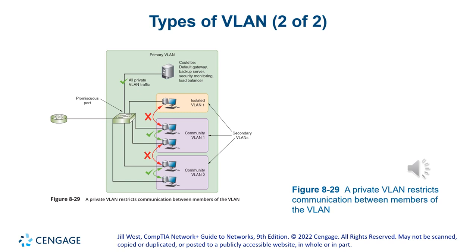And then the isolated VLAN 1 is also a VLAN that you have, but it's completely isolated. I don't know why the example put it in there, but it has no purpose there because you have a computer connected to a switch that doesn't talk to anything, but anyway, it's there. And then you have a server that has a port called a promiscuous port, that one is able to talk to all the others.